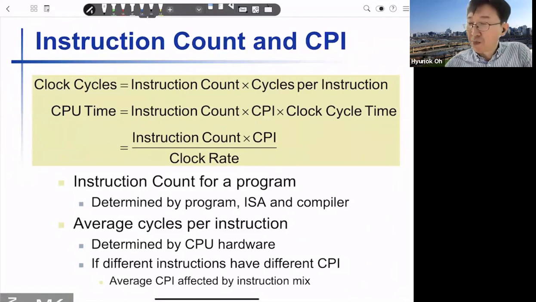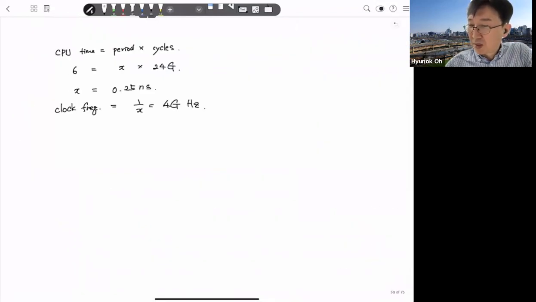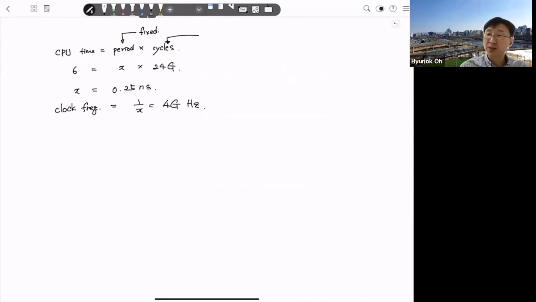So in general, clock period is fixed, right? This is a fixed value. If we can compute these cycles, then we can measure the CPU time. So the only thing we have to do is compute clock cycles. It's totally depending on the program.